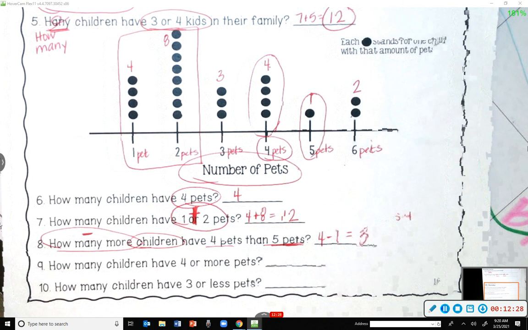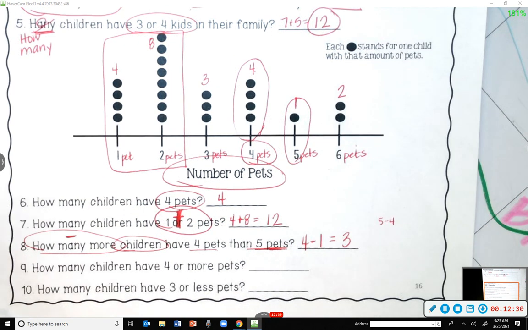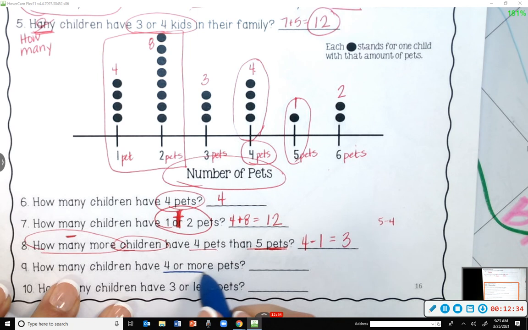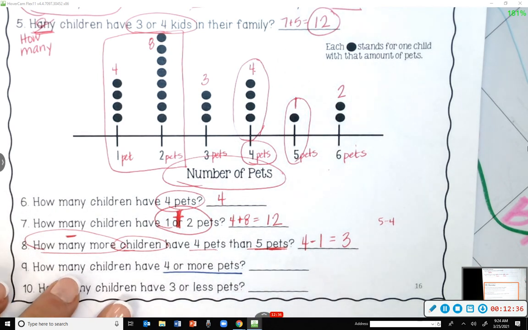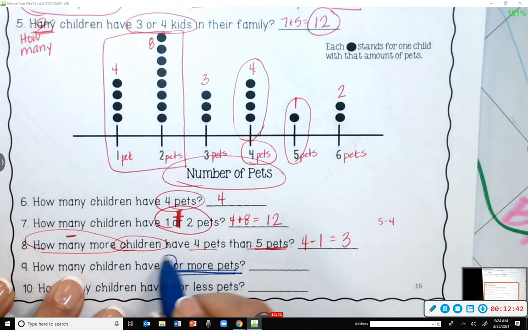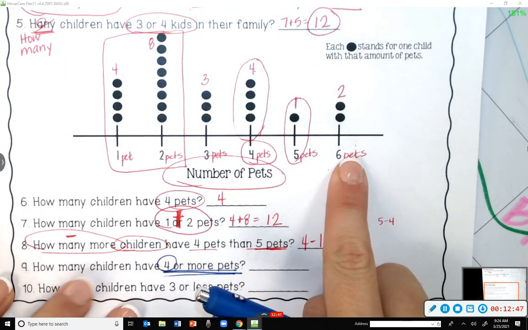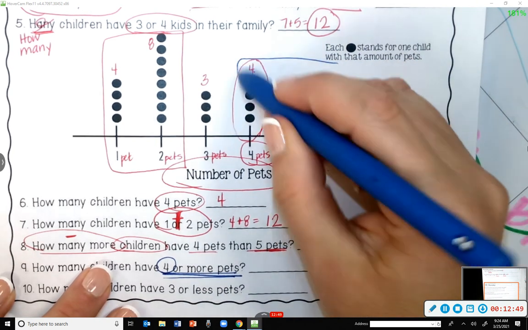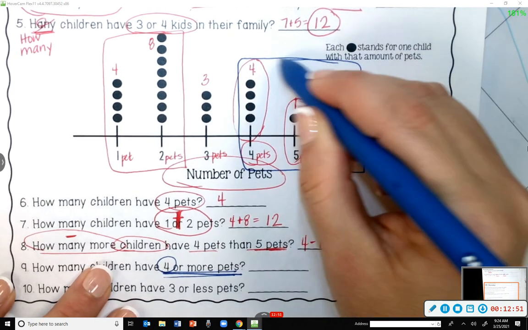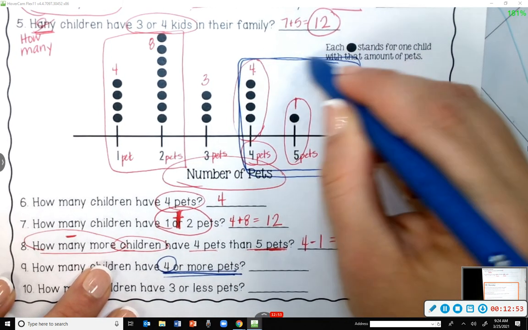Okay, so number 9 said how many children have 4 or more pets, okay? So 4 or more pets means what? Kaylee? Good, so I need to include the 4 pets in everything that's greater, because 4 or more means all the numbers greater than 4, okay? So this is the group we're wanting to look at.